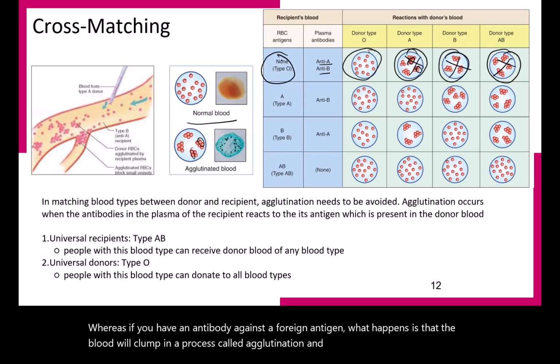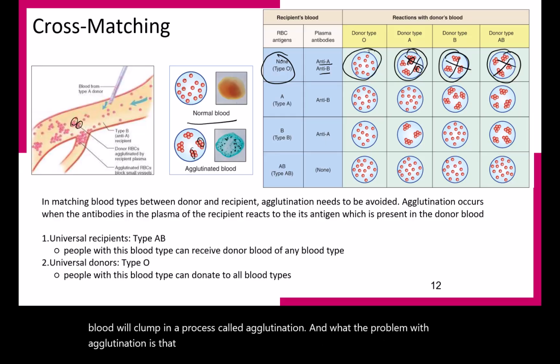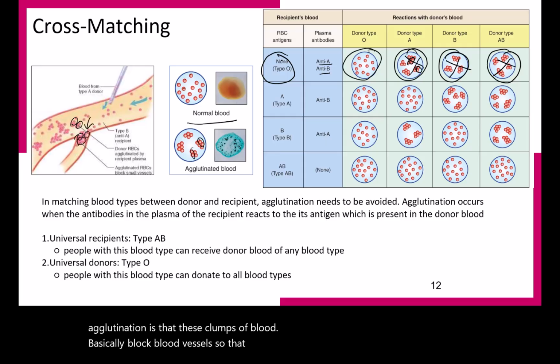The problem with agglutination is that these clumps of blood basically block blood vessels so that red blood cells can't travel.